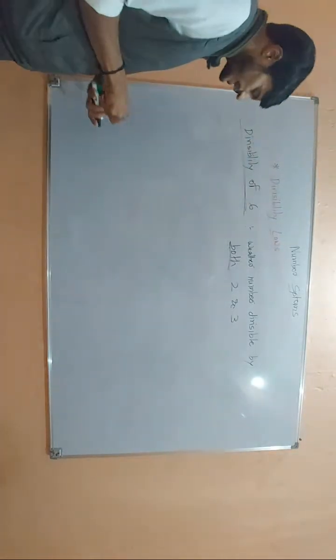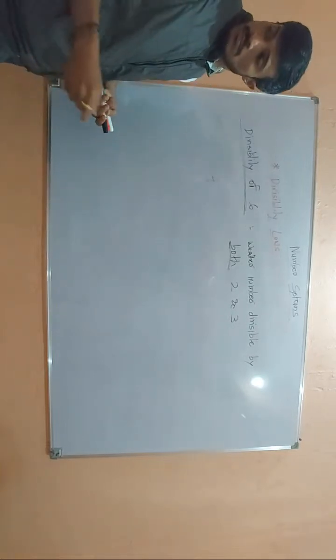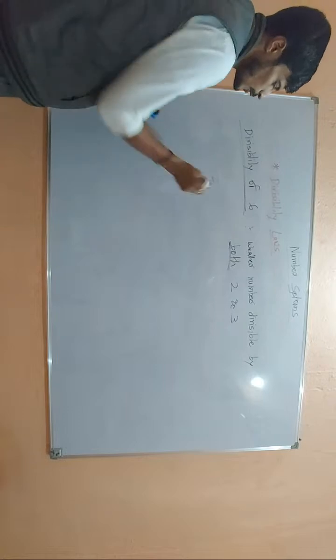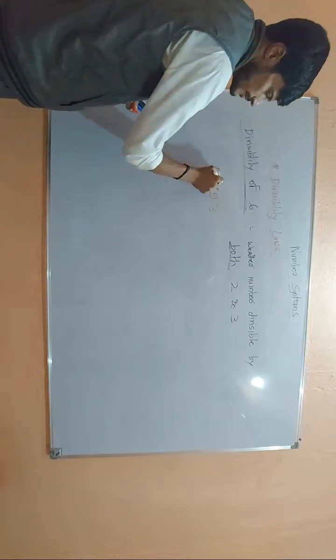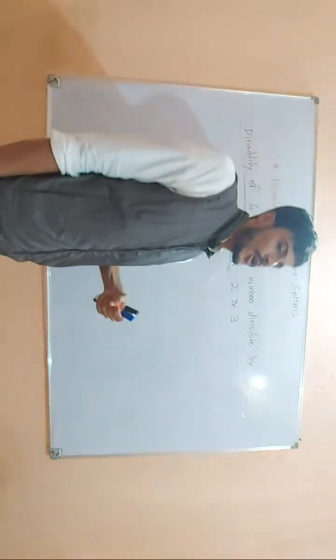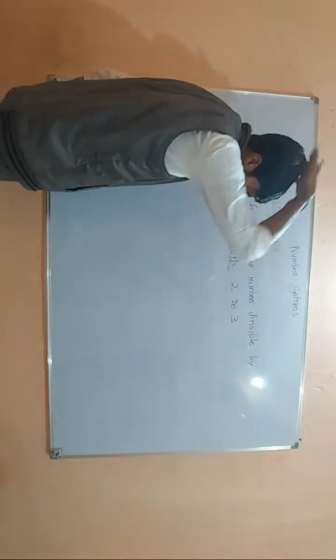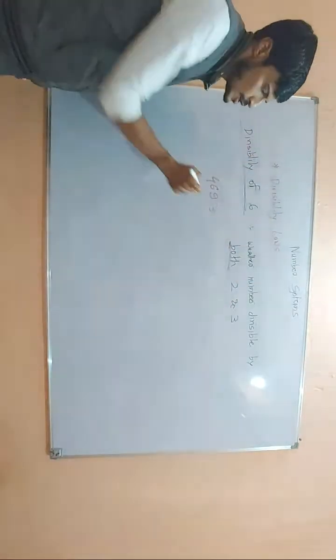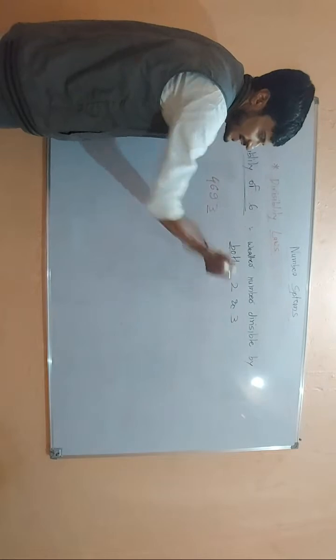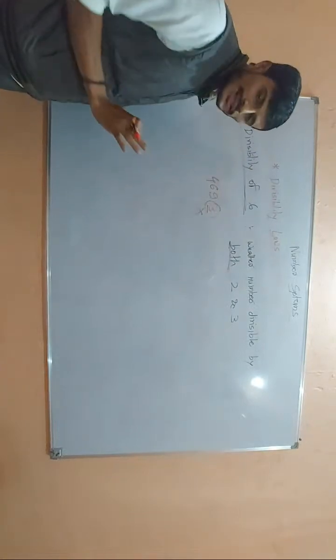Let us see one example: 4693. You have to check whether this number is divisible by 6 or not. While solving this, you have to check that both 2 and 3 divide this number. As the unit place is 3, definitely 2 will not divide this. Means not necessary to check for 3, means you will not take the addition of all the digits.